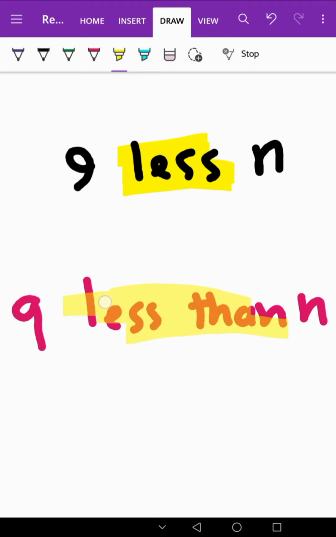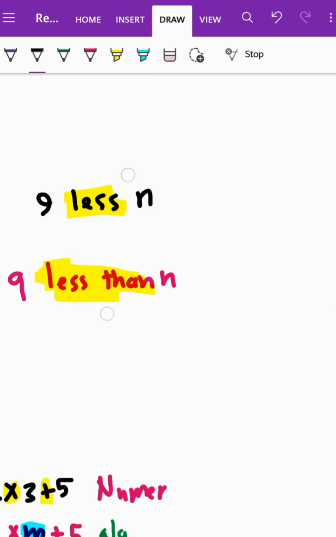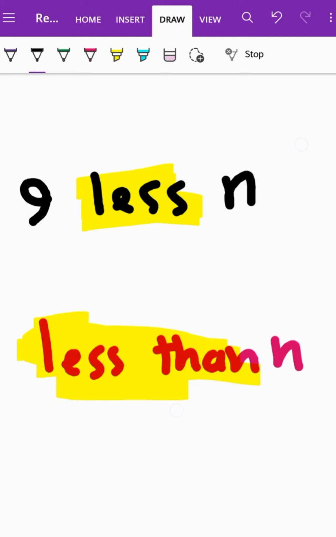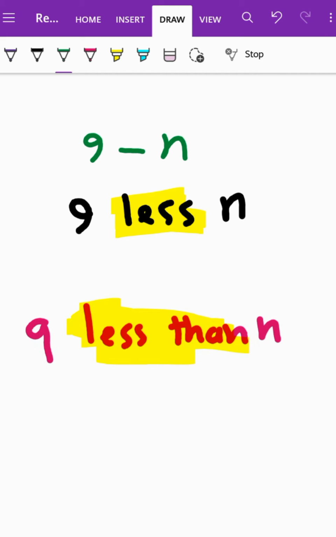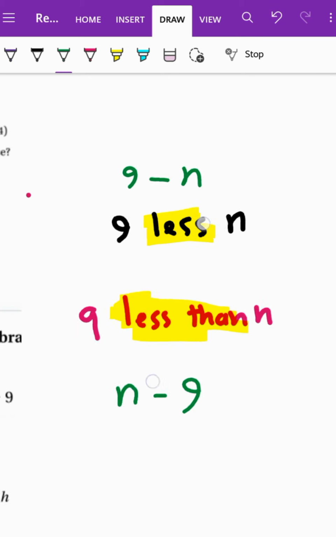The first one is 9 minus n, and the second one is n minus 9. So 9 less n means 9 minus n, and 9 less than n means n minus 9. It is a big difference, yes? Good. Let us come back here.